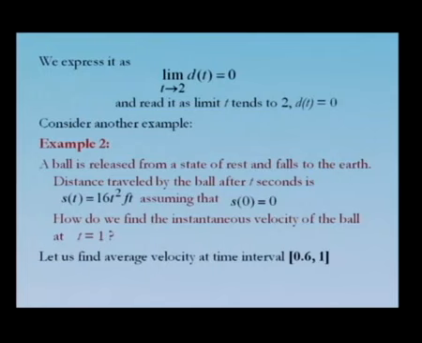Consider another example. A ball is released from a state of rest and falls to the earth. The distance traveled by the ball after t seconds is s(t) = 16t^2 ft, where ft means foot. Assuming that s(0) = 0, how do we find the instantaneous velocity of the ball at time t = 1? To find the instantaneous velocity, let us first find the average velocity over the time interval 0.6 to 1.